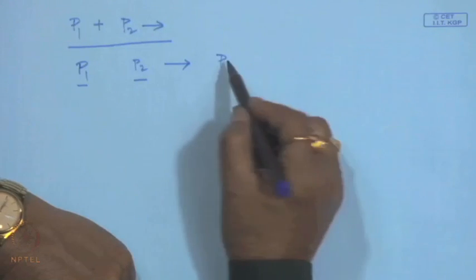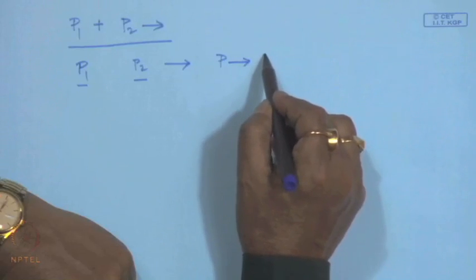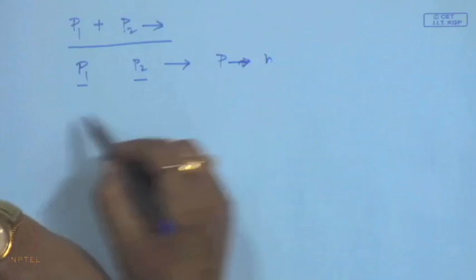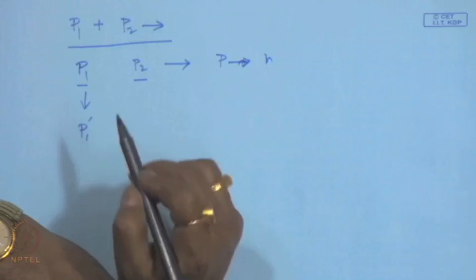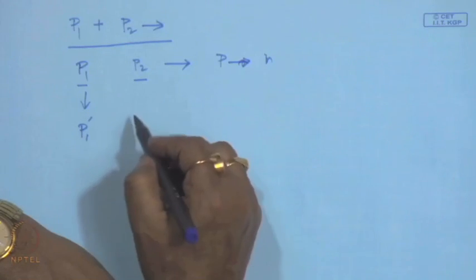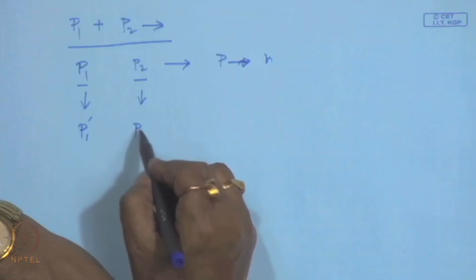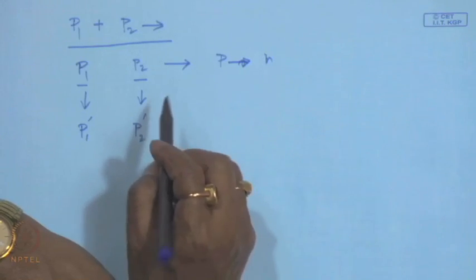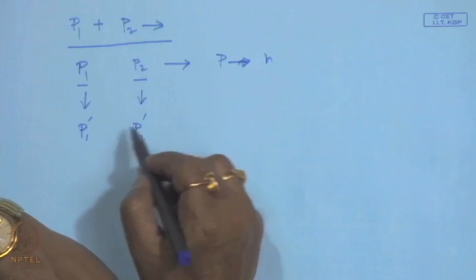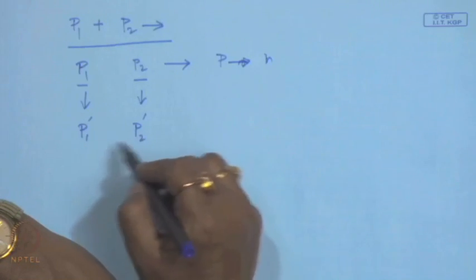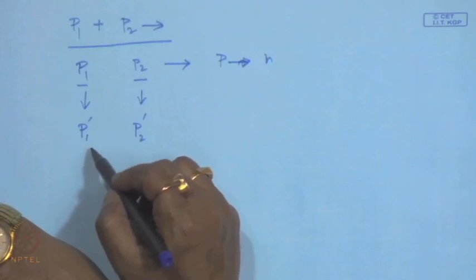So, I can chemically modify P1 to P1 prime, and similarly, I can also chemically modify P2 to P2 prime. That is done through functionalization of P1 and P2, that means chemical modification of P1 and P2.